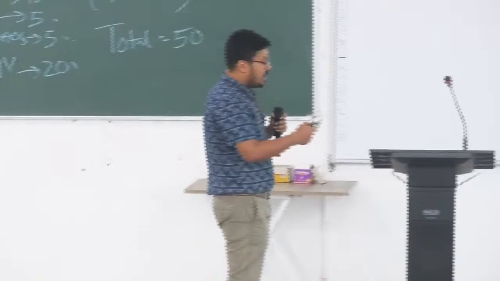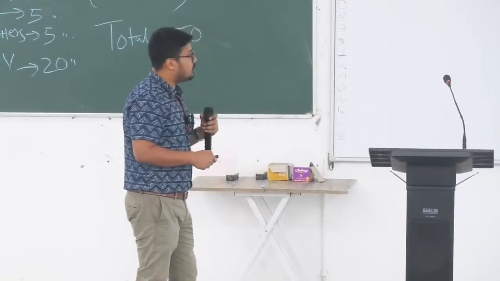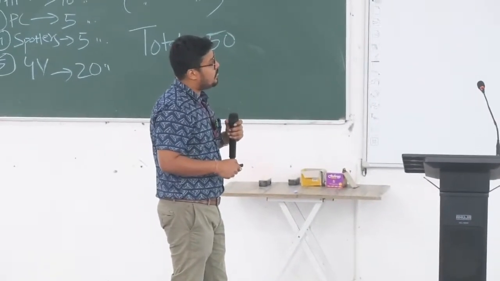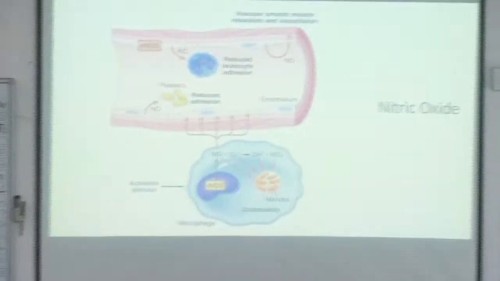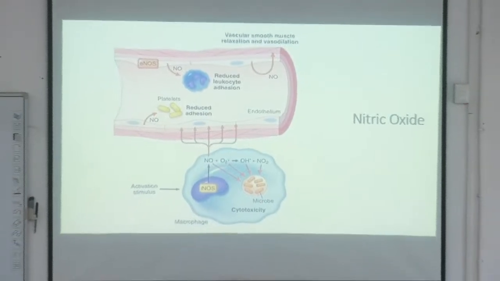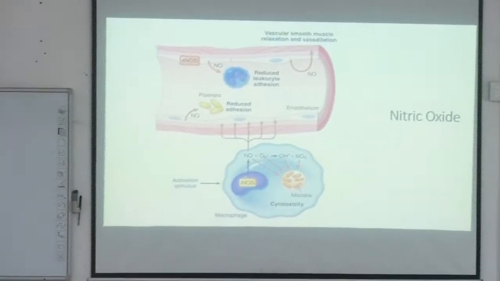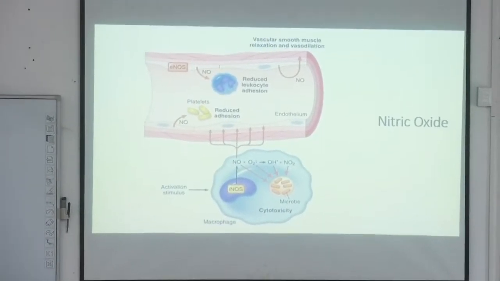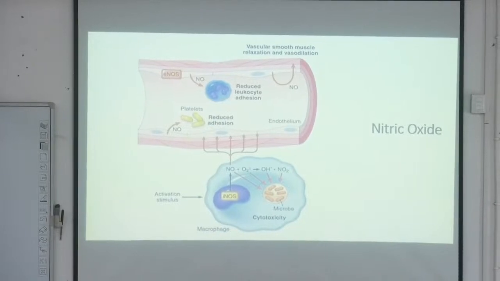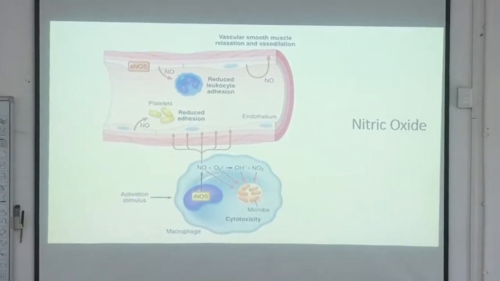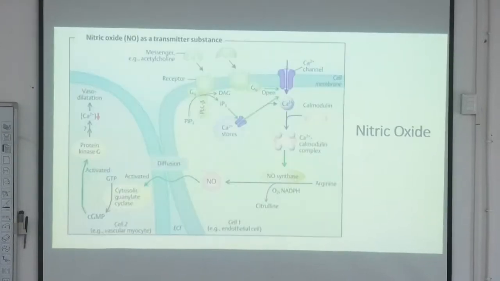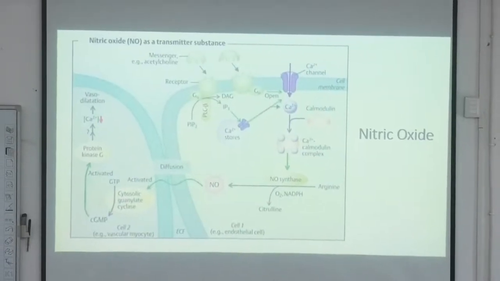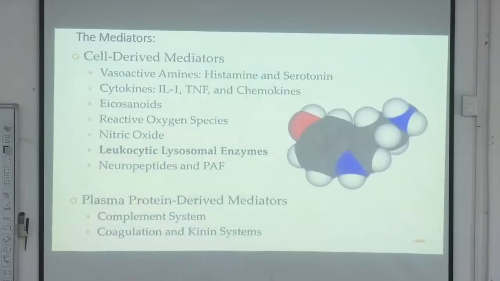How does it help? It causes vasodilatation, vascular smooth muscle relaxation, reduces leukocyte adhesion, and reduces adhesion of the platelets. So there is increased vascular permeability and vasodilatation. Thus it helps in acute inflammation. Nitric oxide also has a therapeutic effect, as I told you earlier. Nitric oxide as a transmitter substance is not important for you.